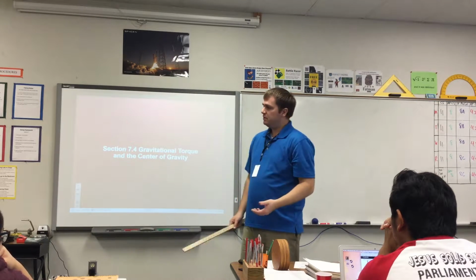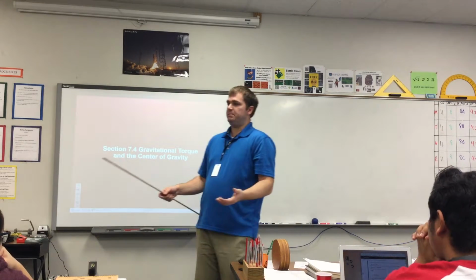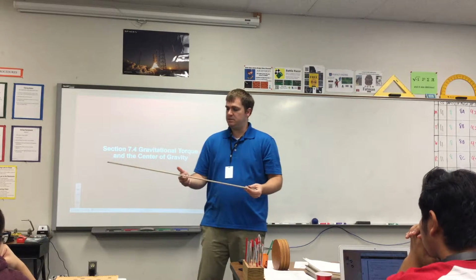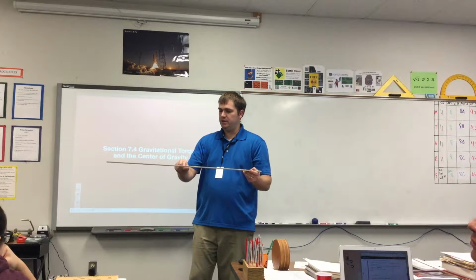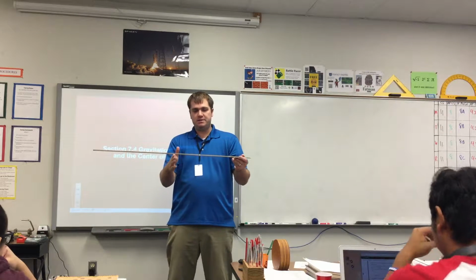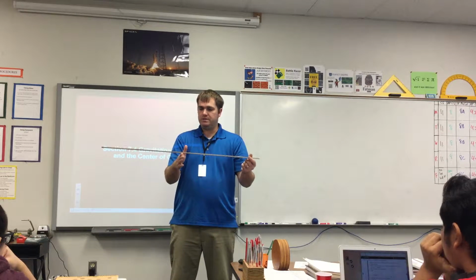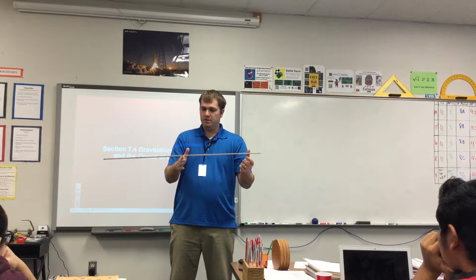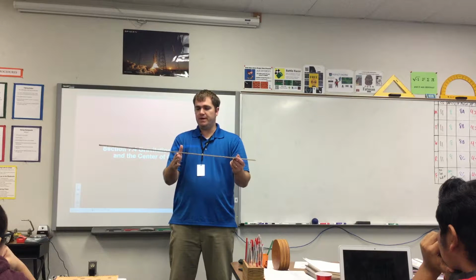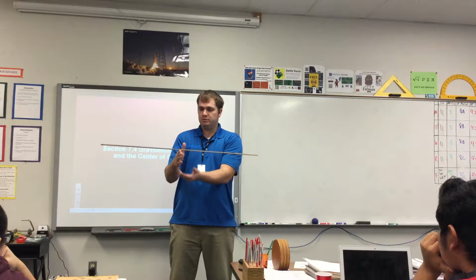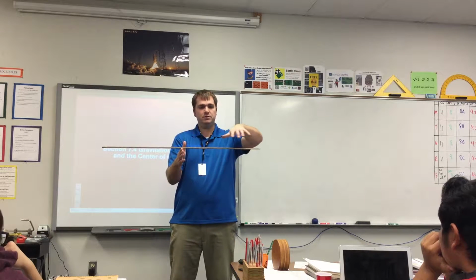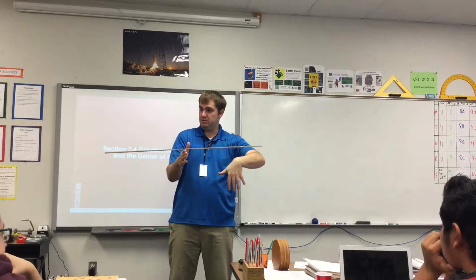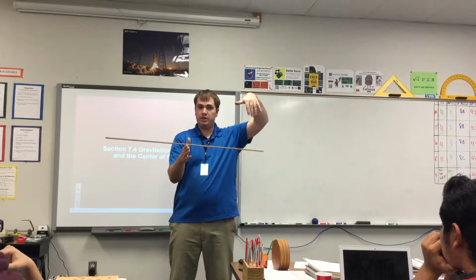Now, the center of gravity has some interesting properties. One of the interesting properties is that if I can locate the center of gravity, okay, and I can rest this item on the center of gravity, which it looks like I'm off just a little bit. If I can put a support directly beneath the center of gravity, then all of these particles over here are pulling down and actually exerting a torque.